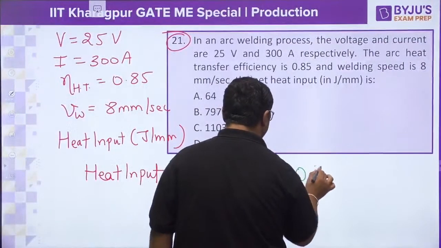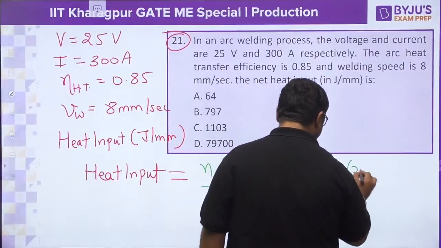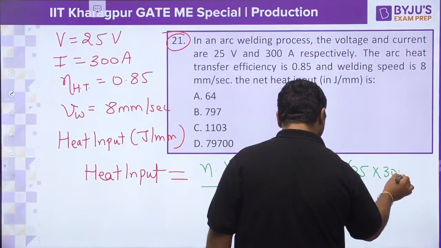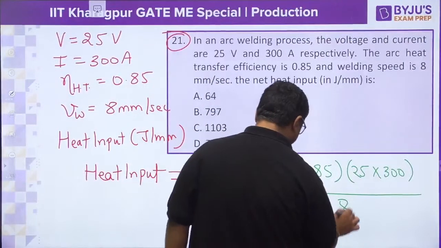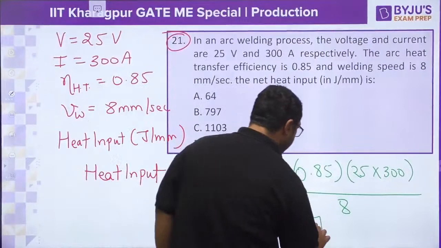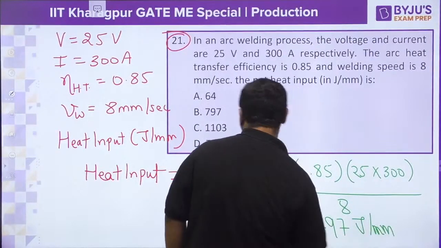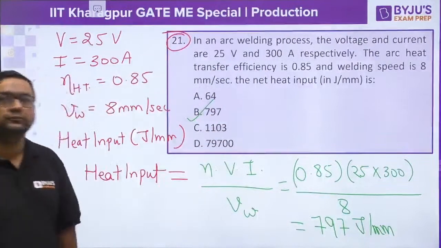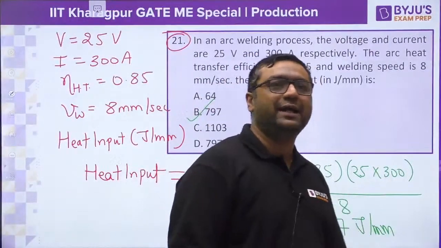Efficiency is 0.85, into V into I, divided by welding speed. Answer will be 797. Very good, guys.